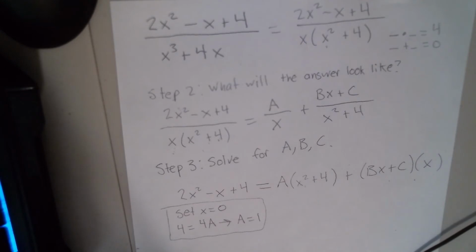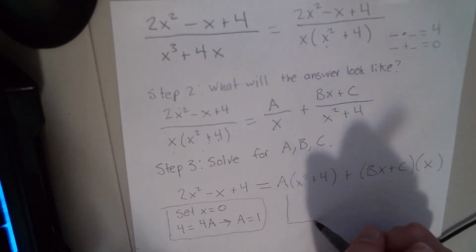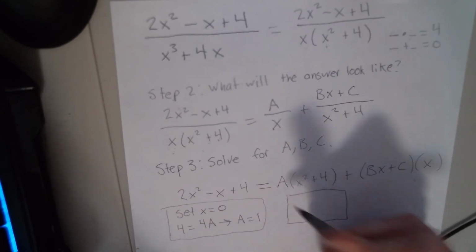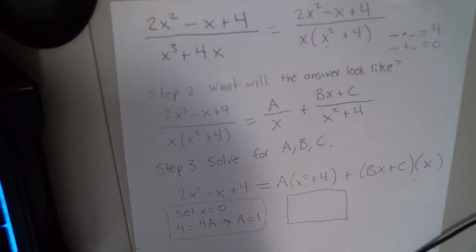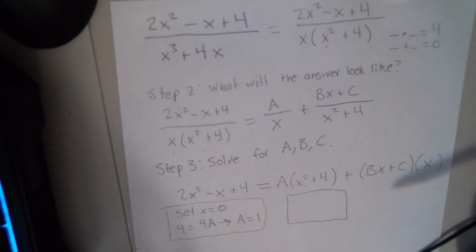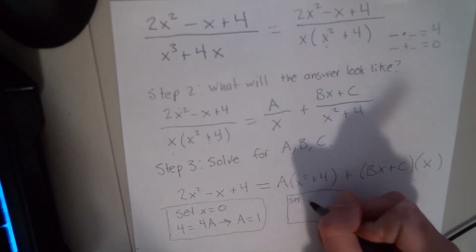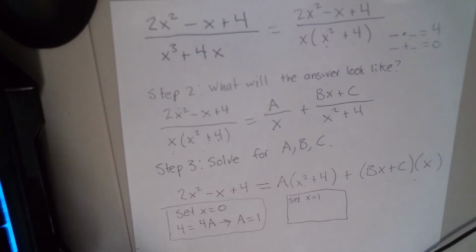So what I would do here is plug in another number. The only issue is we can't really plug in any numbers to make this a really nice equation to do. I'm going to set x equal to, and you can pick whatever you want, maybe x equals 1.